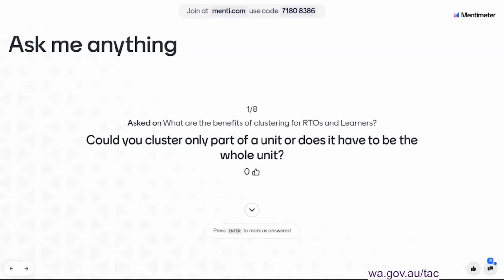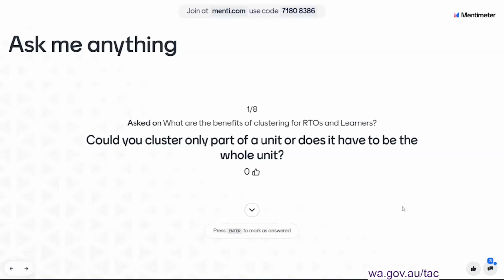Another good question. What we need to think about there is our unit of currency. The smallest part of our unit of currency in the VET sector is a full unit. You might find that you have some common parts that sit across different units, but that assessment has got to be against the full unit of competency.